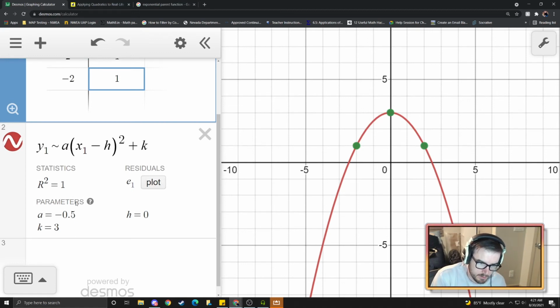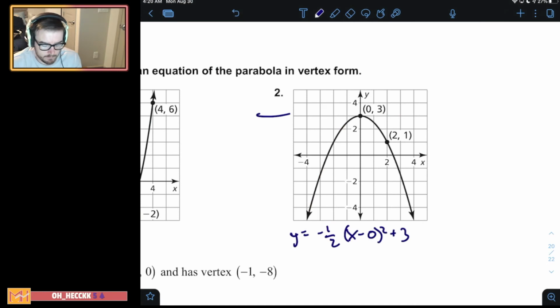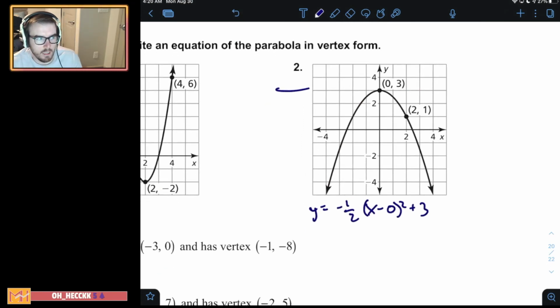Y equals negative a half, parenthesis, x minus 0, squared, plus K, which is 3. Big Ideas is going to ask you to write it as a fraction, so I wrote negative a half there.